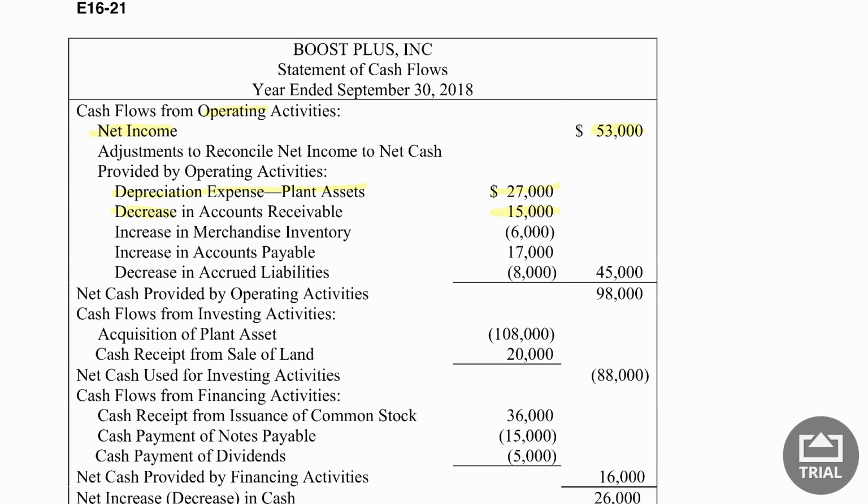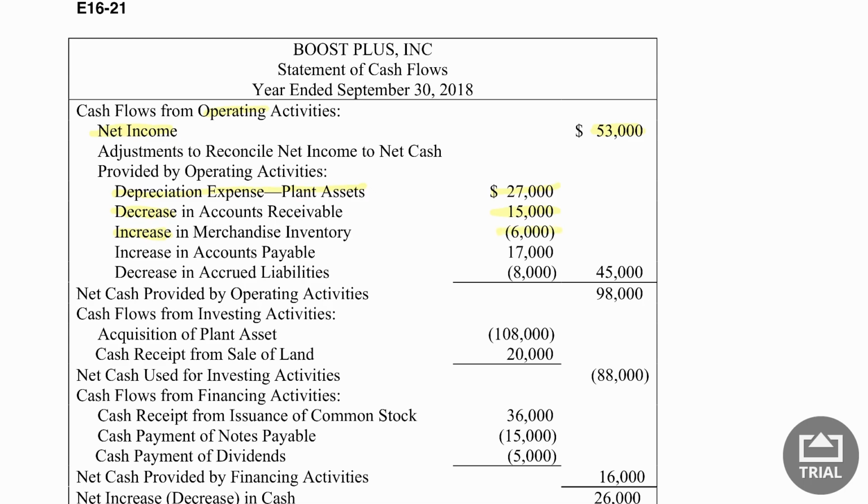Merchandise inventory. It had a balance in 2017 of 88,000 and a balance in 2018 of 94,000. So it went up by 6,000. An increase in an asset, we do the opposite.